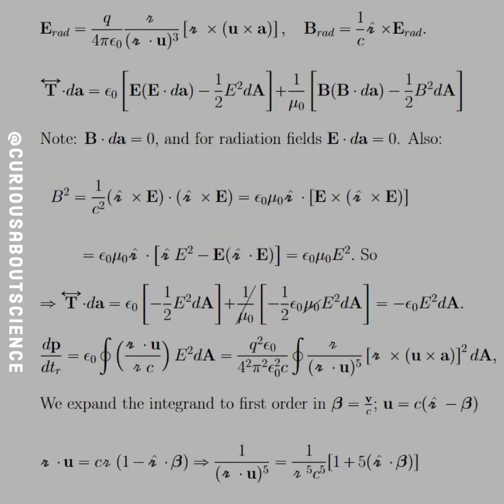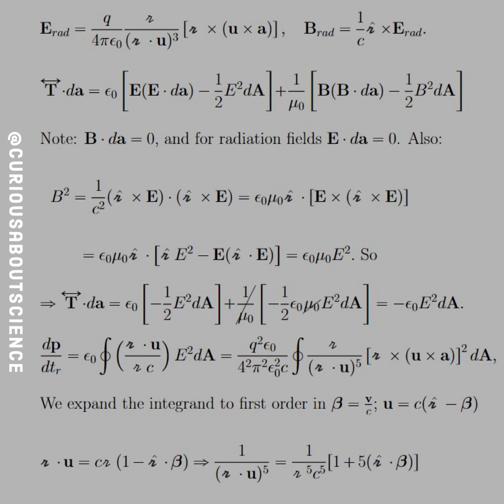E radiation is the point charge q over 4 pi epsilon naught with all these cross terms. Again, this is not the full expression for the field of a moving point charge. We just need the radiation fields, which need the acceleration. And then B radiation is equal to 1 over c, R-script cross E radiation. So again, these are the radiation fields only, not the total fields.